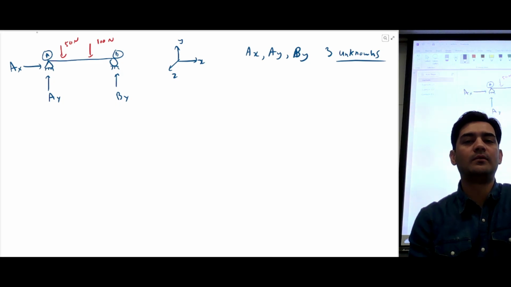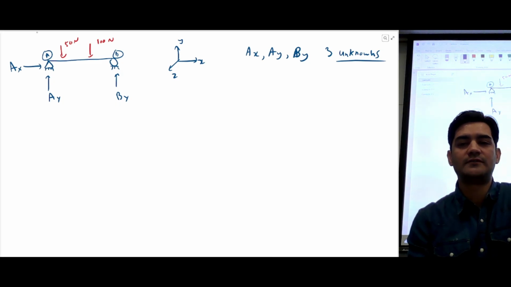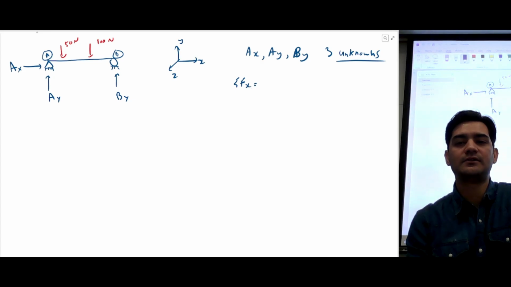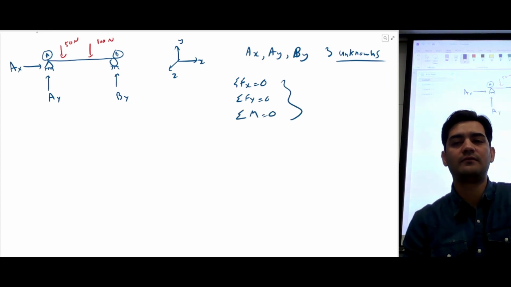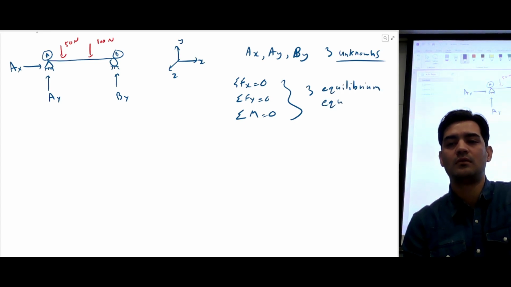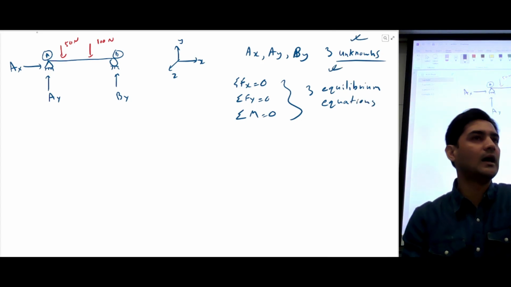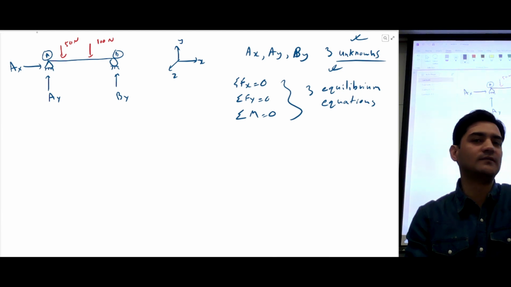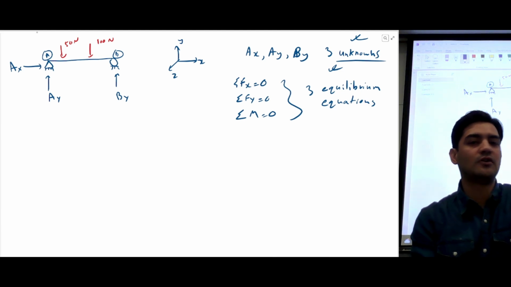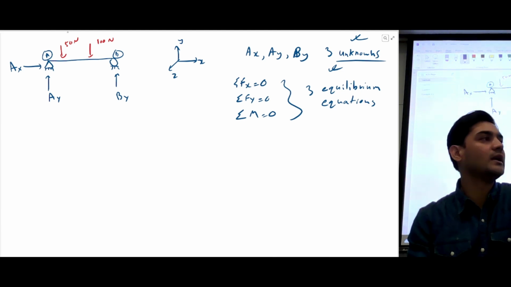And how many equilibrium equations do you have? You have summation of F of x equal to 0. You have summation of F of y equal to 0. You have summation of moment equal to 0. So you have three equilibrium equations and three unknowns, so you can easily solve this system. You can solve the reaction loads by using equilibrium equations.